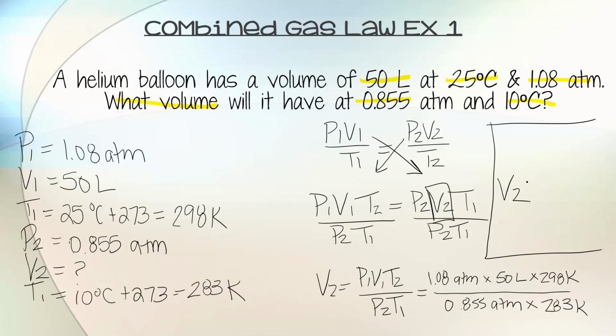So 1.08 times 50 times 298, all divided by the combination of 0.855 times 283. And I got V2 equals 60 liters. If you didn't get that, I would try throwing some parentheses at least around the bottom. Okay? You can put it back into the original equation. Both sides should equal each other. It'd be very close. Combined gas law.